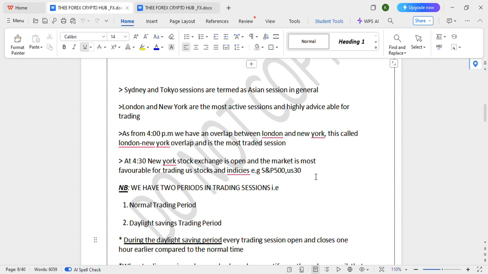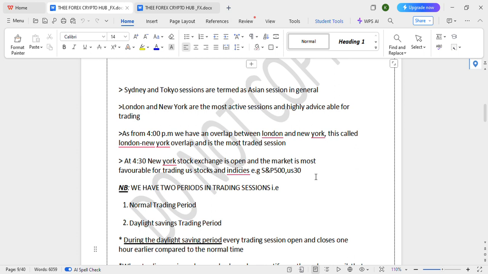At 4:30, the New York Stock Exchange is open, and the market is most favorable for trading the US stocks and indices such as the S&P 500, US 30, and the rest. So at 4:30, you can just go and watch one of those, something like the US 30. Just go to a 15 minute or 30 minute chart and watch how the market behaves for the first 30 minutes after the open.